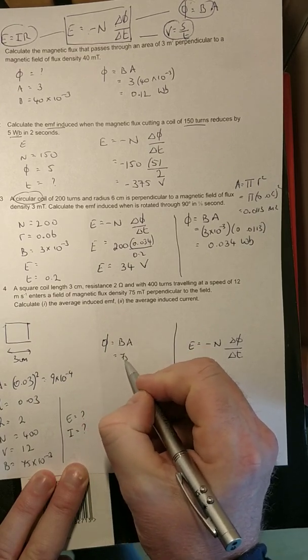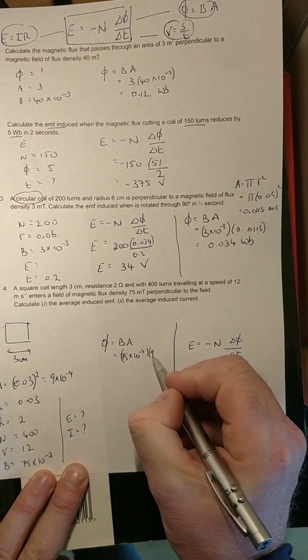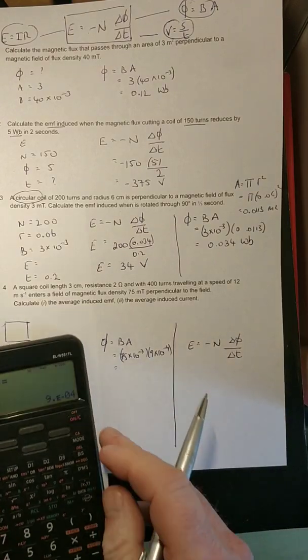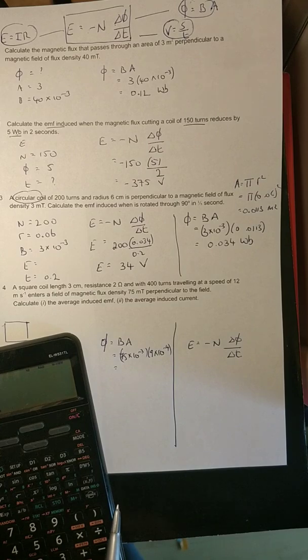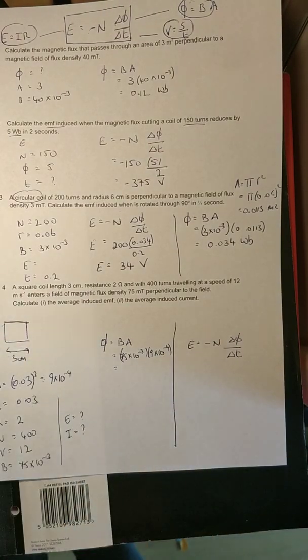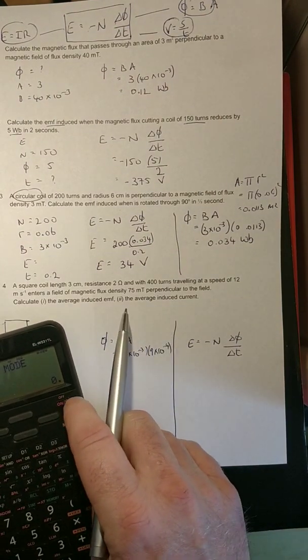So the flux at the end, which will be the change of flux, is B by A, so it's 75 by 10 to the minus 3, multiplied by the area, which is 9 by 10 to the minus 4, a very small value. Oh, something's gone wrong with the calculator. Somehow I changed the decimal.